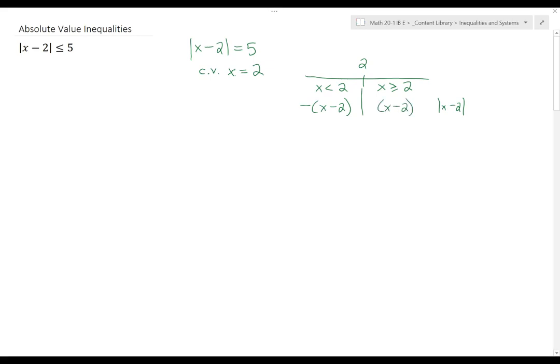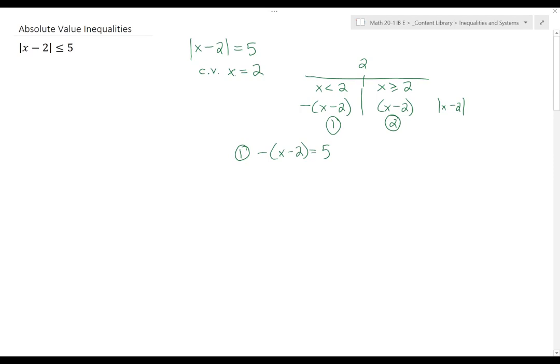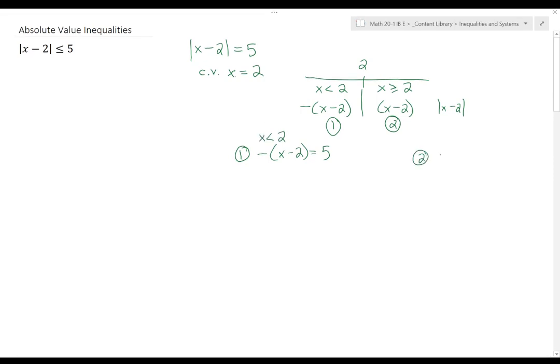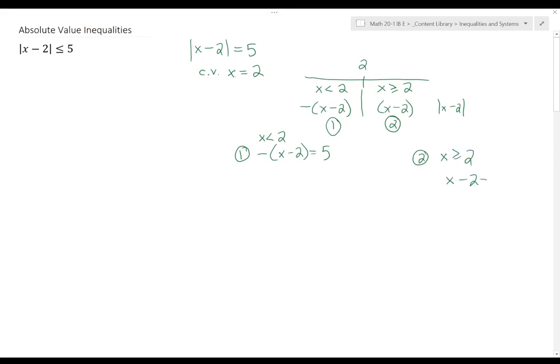So x minus 2 here, which means that to solve this equation, we actually have to solve two different equations, one for each of these intervals. For the first equation, we have the opposite of x minus 2 equals 5. This is for the domain where x is less than 2. And for the second equation, when x is greater than or equal to 2, we're solving x minus 2 equals 5.